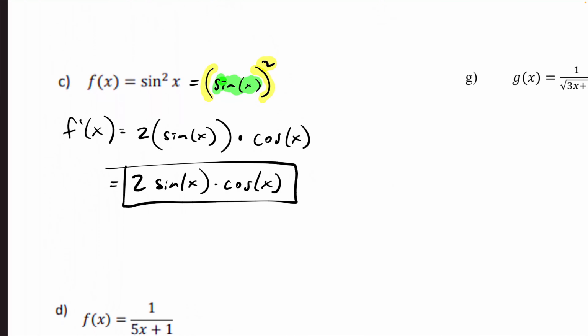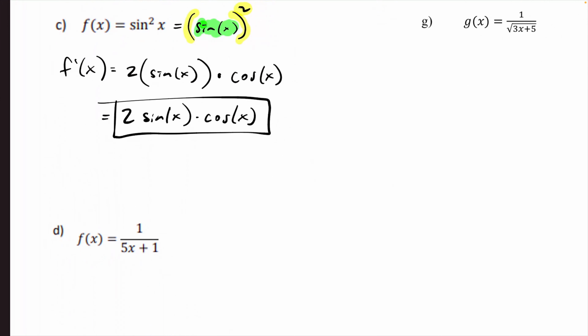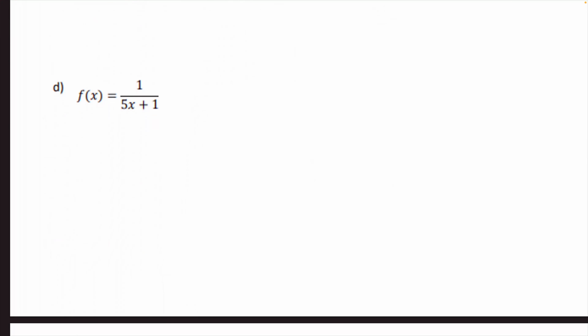Do D. Do D right below it if you haven't already. So the outside is something to the negative 1 power.